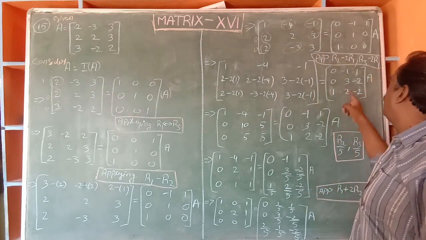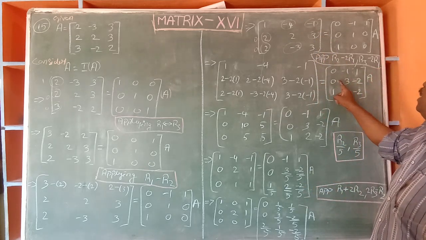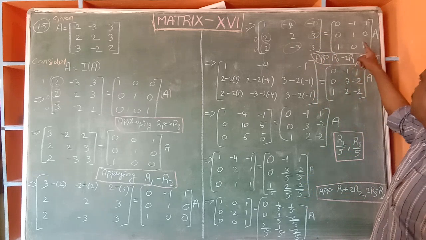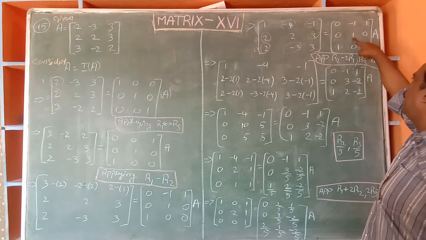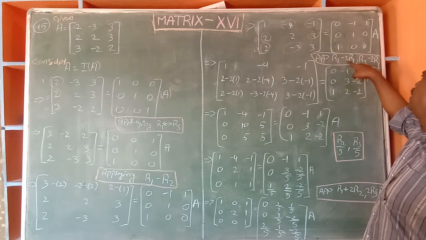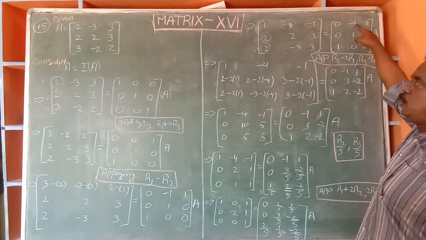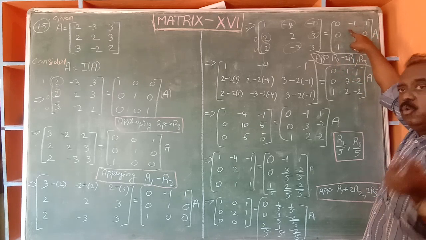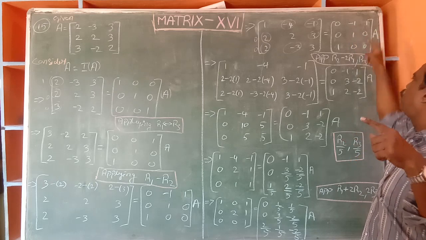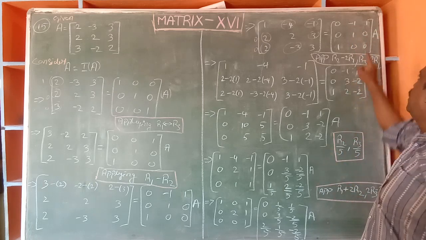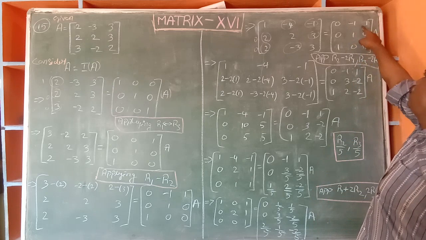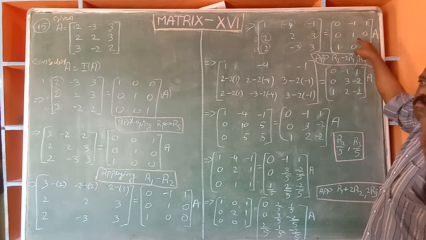Okay, now here also the same thing. But I write directly. Then you see 0 minus 0 is 0, here zeros. 1 minus 2 into minus 1, plus 2, 1 plus 2 is 3. 0 minus 2 into 1, minus 2.